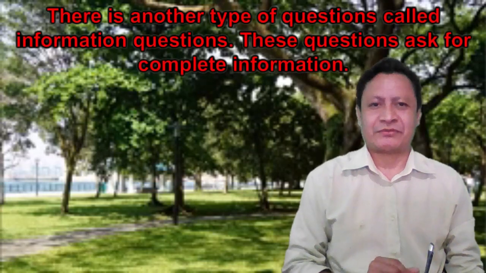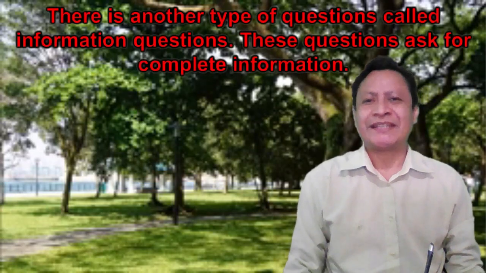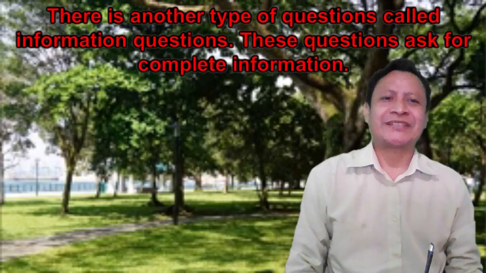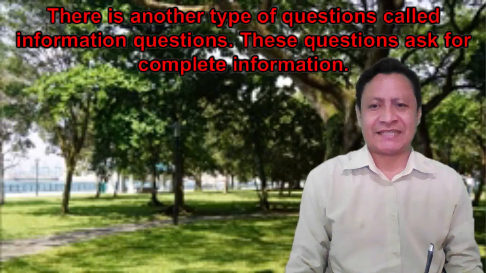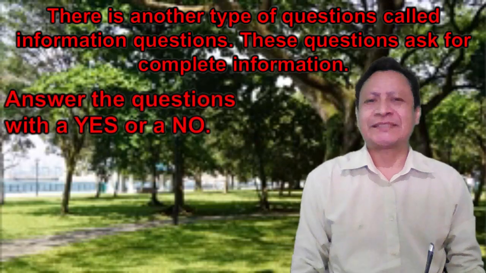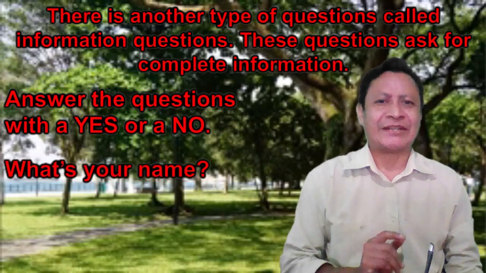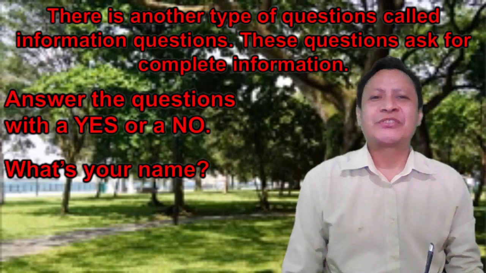Now, there is another type of questions. These questions are called information questions. These questions ask for complete information. Okay? So let me give you an example. Answer the questions with a yes or no. Just a yes or a no. What's your name?